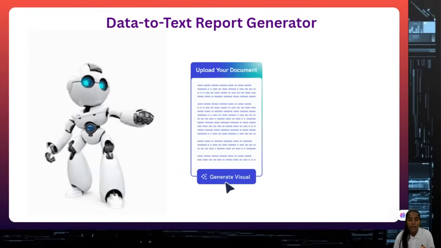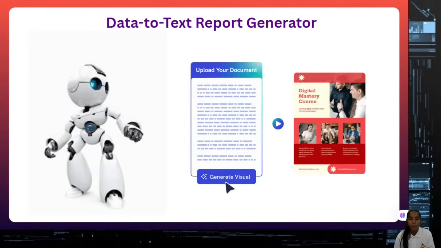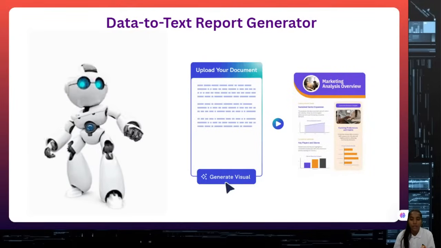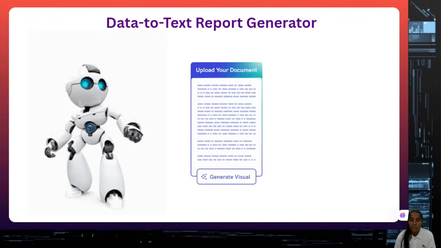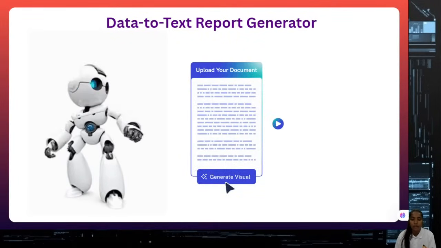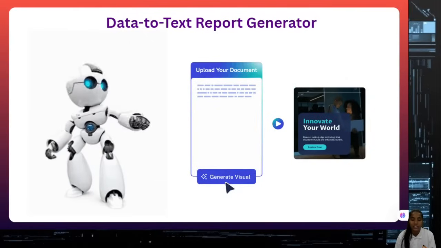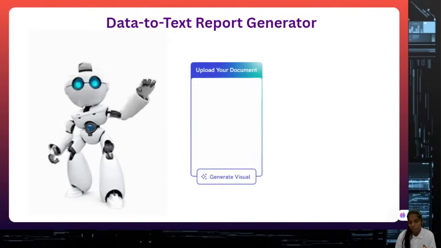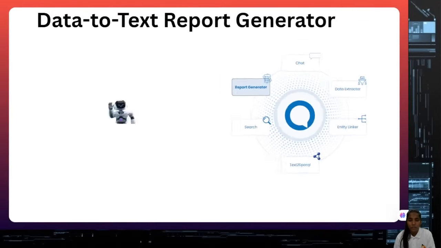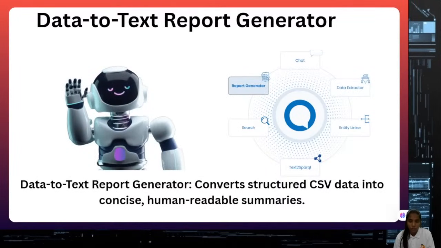Here we are trying to do the process by using the prompt types along with the types of generative AI models, that means LLM models, when you are using text information to do the generation. So let us start with the introduction of the data to text report generator.